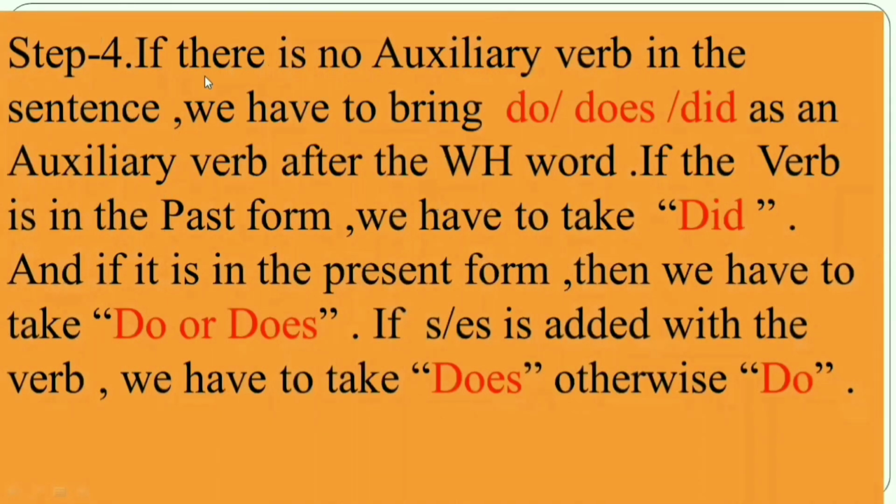Step 4. If there is no auxiliary verb in the sentence, we have to bring do, does, did as an auxiliary verb after the WH word. If the verb is in the past tense, we have to take did. And if it is in the present form, then we have to take do or does. If s or es is added with the verb, we have to take does. Otherwise, do.